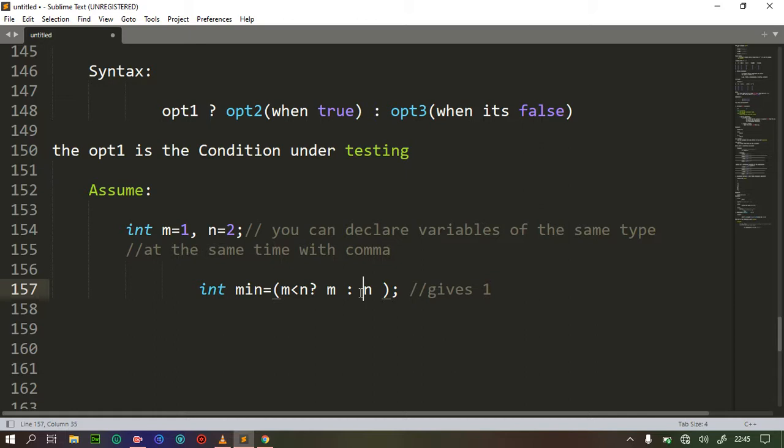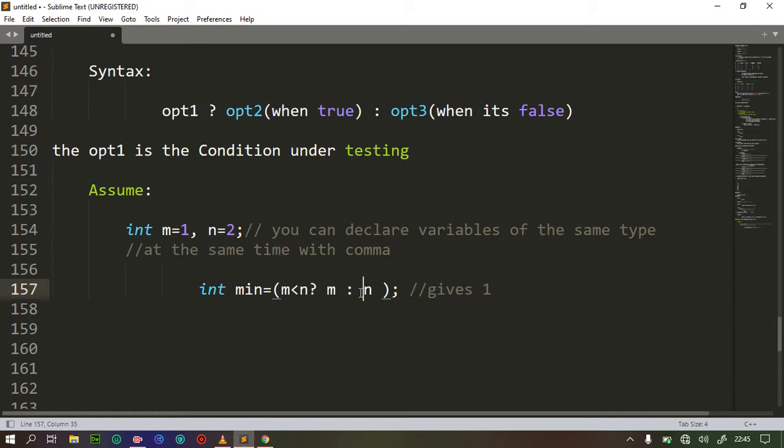Now, if you don't know what side effects are, please go back and watch my previous episodes. For this language, I talked about side effects. What do I mean?